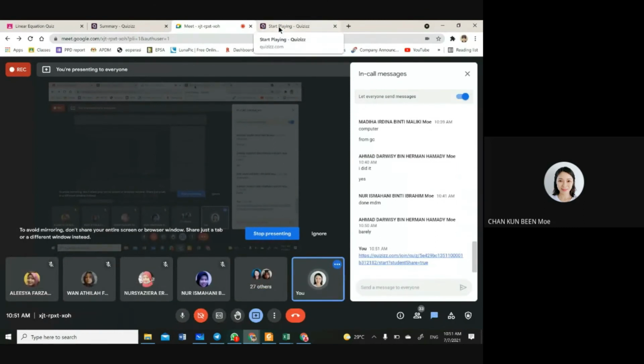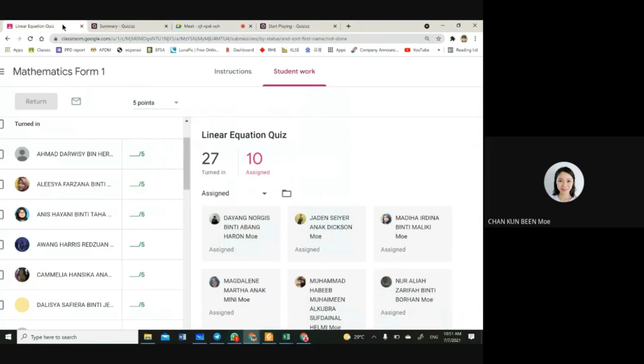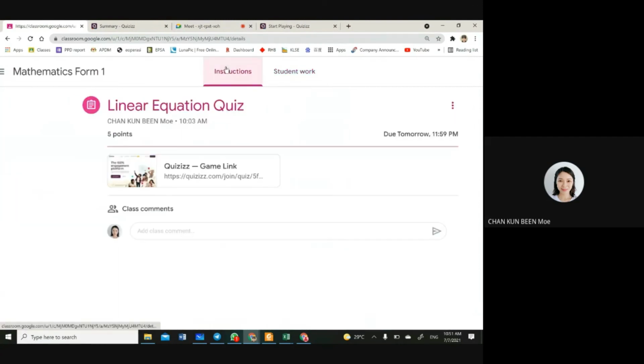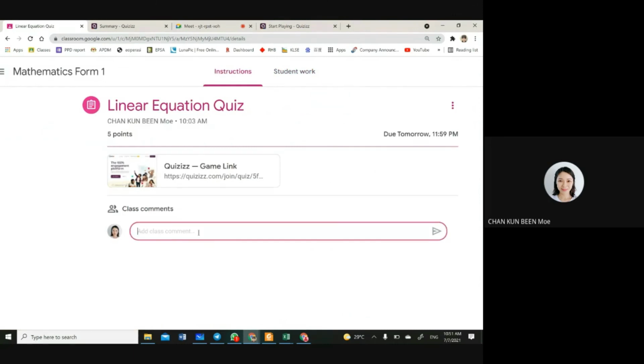This one is easier because you can just directly get the answer from the graph. Not much calculation. Okay, you do it now. And then you just need to type down your mark in the comment of your Word here. For example, the first one, Ahmad Darwisi. In your Word, you can add comment, right? So you just type in the comment on how much you get.